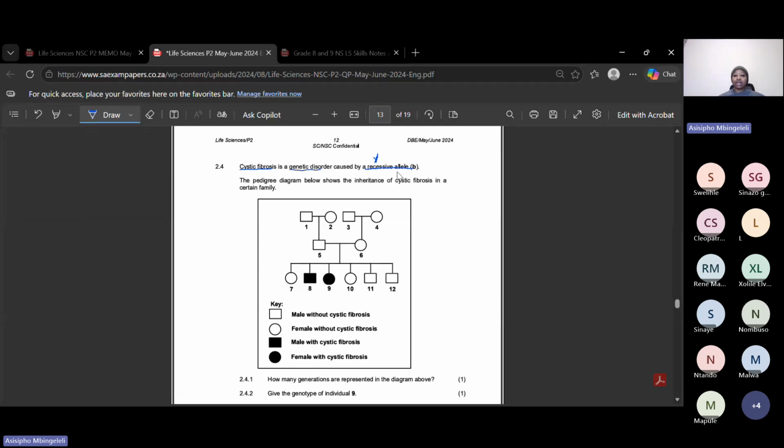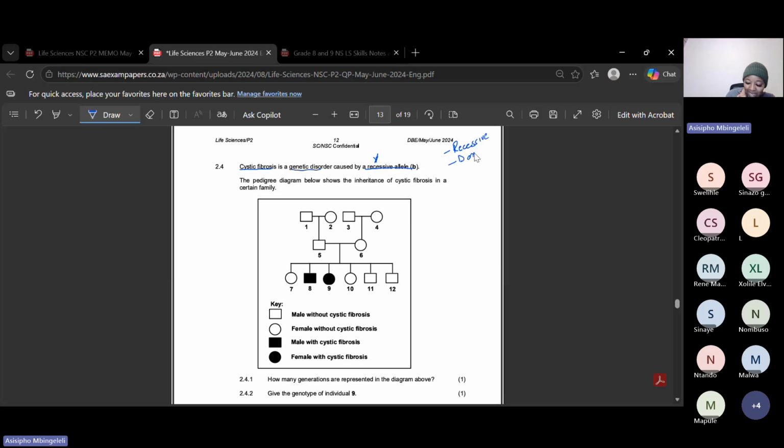Remember in pedigree diagrams, I said there will be 3 types of pedigree diagrams, right? You can be given a pedigree diagram that is speaking about a certain gene or genetic disorder. Now, they will tell you if it's caused by a recessive allele, or if it is caused by a dominant allele.